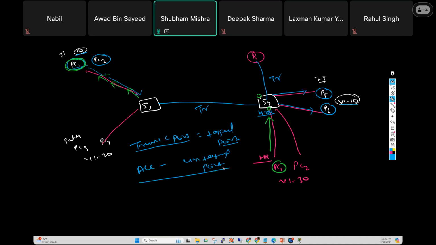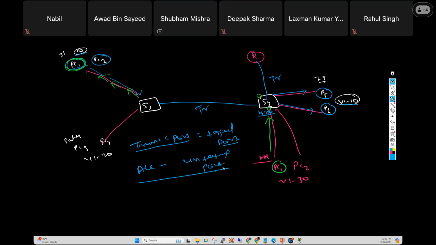When the traffic goes through the access port, there is no tagging, because an access port means a single VLAN. But in the case of trunk, your packet will be tagged. Because if your data is not tagged, how will the destination device understand which VLAN this frame belongs to? Are you getting my point?